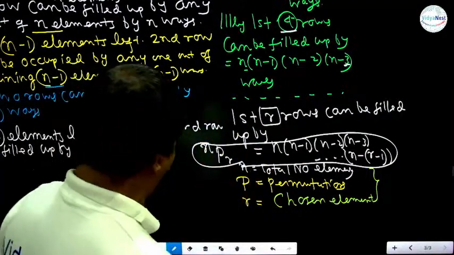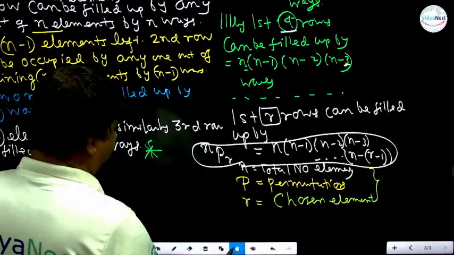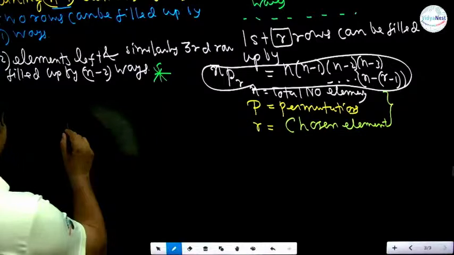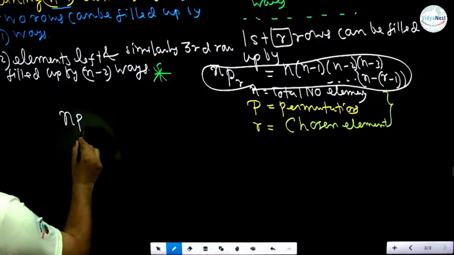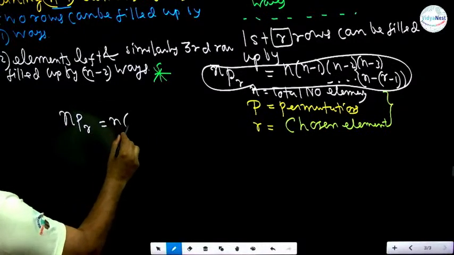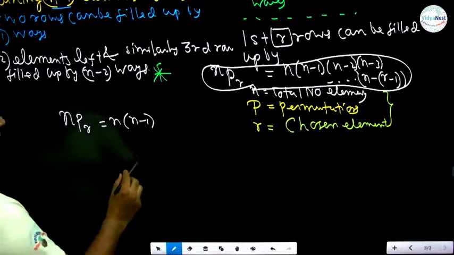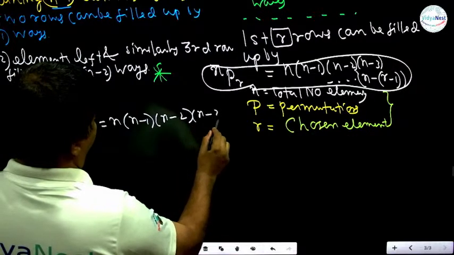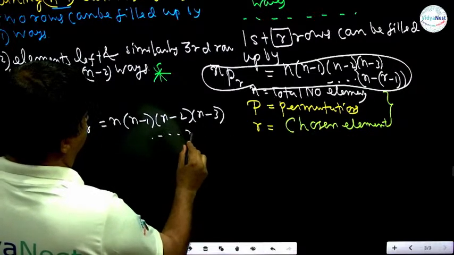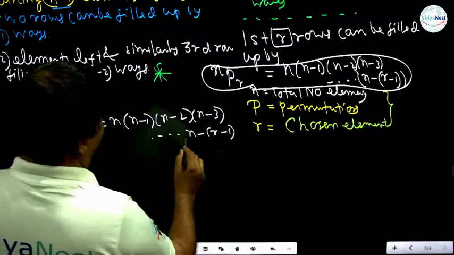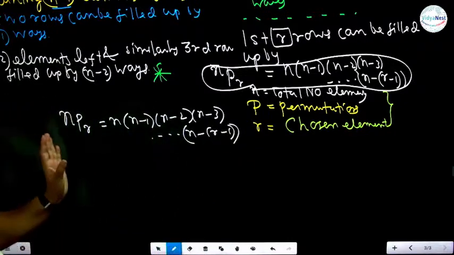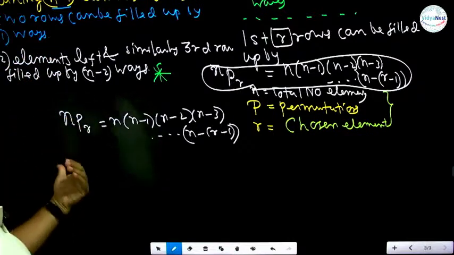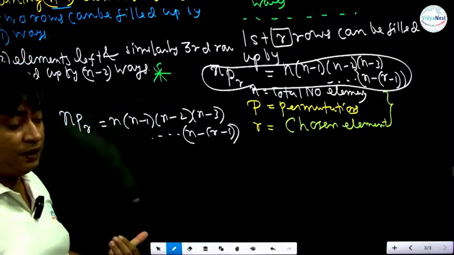How to convert? Let's see. We have just got nPr equal to n, n minus 1, n minus 2, n minus 3 up to n minus r minus 1. That is the total arrangement done, which is called permutation by definition.